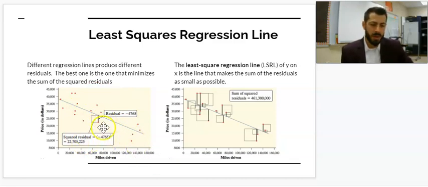So what this square represents is the vertical distance from each point to the line, squared. So if this point is here, its distance in y units from the line is negative 4,765.